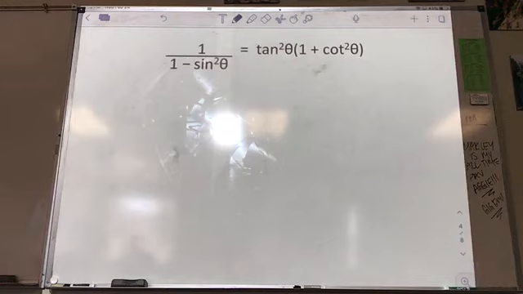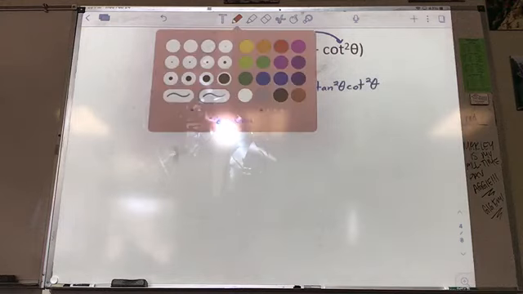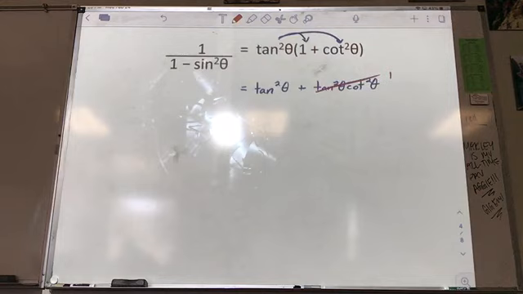You could also see the left side and recognize something too, by the way. I'll talk about that in a second. So tangent squared theta plus tangent squared theta cotangent squared theta. Those are reciprocals, so they turn into a 1.